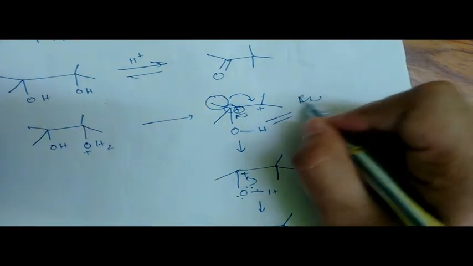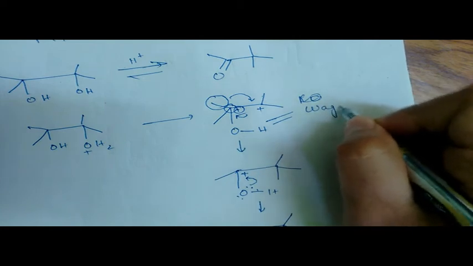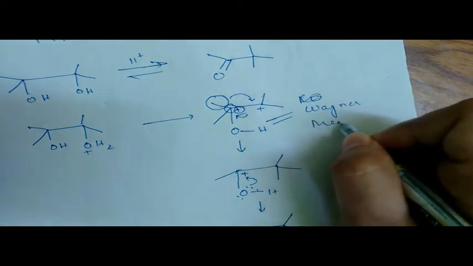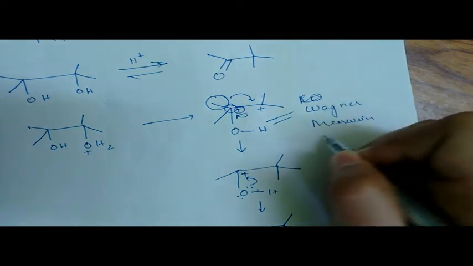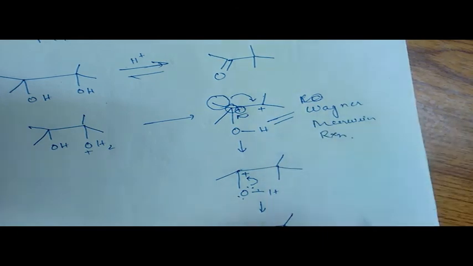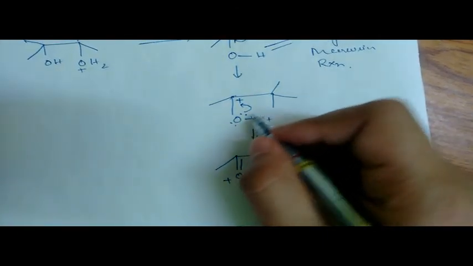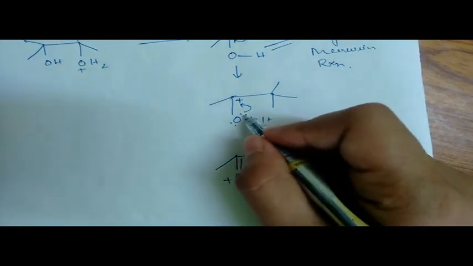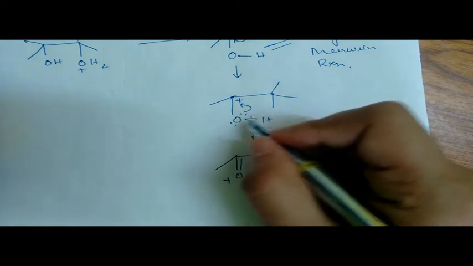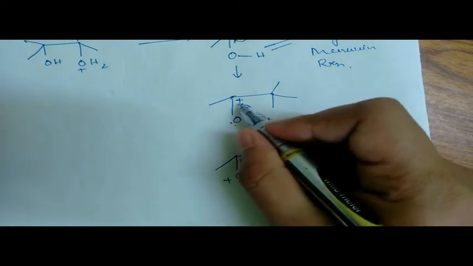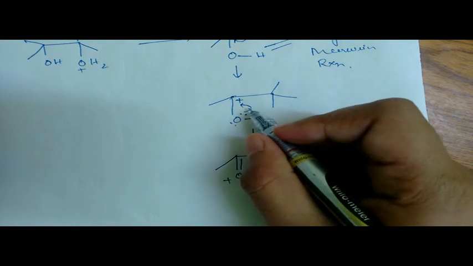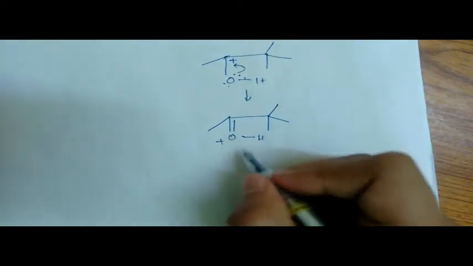So till this step it is similar to the Wagner-Meerwein reaction, but it changes from this step, because the lone pair on the oxygen attacks the carbocation to produce a double bond here.